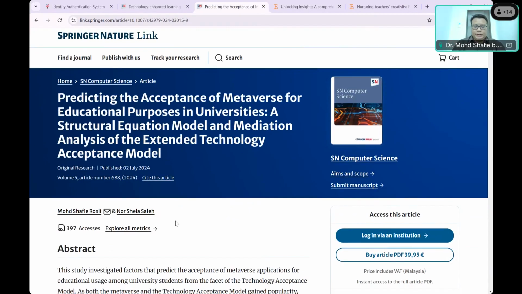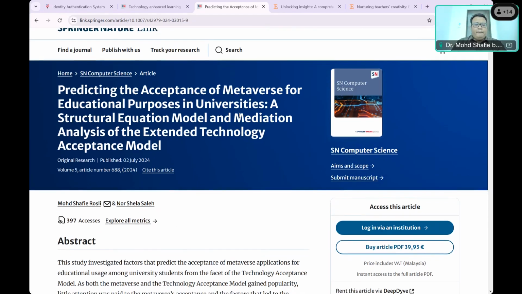You can use covariance-based SEM as well as PLS-SEM to make predictions about, if we have a new technology, how the users are going to react, how they're going to use it, or to understand the motivation behind why they're using a certain system or technology. Here we have mediation analysis, a structural equation model and mediation analysis.